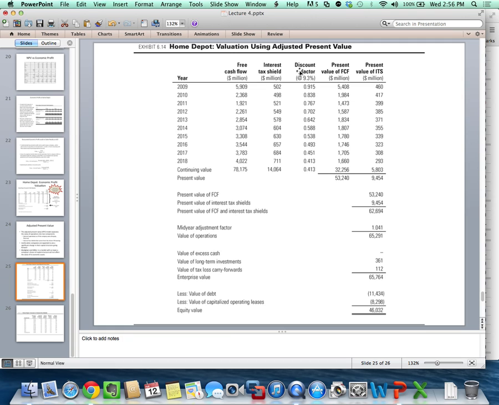So what does that practically mean? I discount my free cash flows at the cost of equity. I discount my interest tax yields at the cost of equity. This is the value of the operations with the free cash flows at the cost of equity. This is the value of the operations with the savings the interest tax yields generate for me. I add these two numbers together, 62,694.